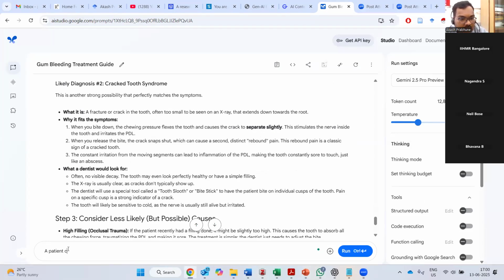Patient came with white colored, scrapable lesion in the lower right buccal mucosal region, close to first and second molar.